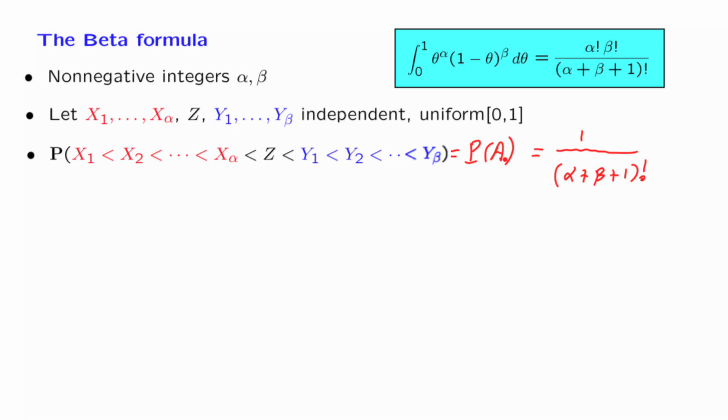Now we're going to calculate this probability in a different way. What we will do is we're going to apply the total probability theorem. We're going to condition on z.